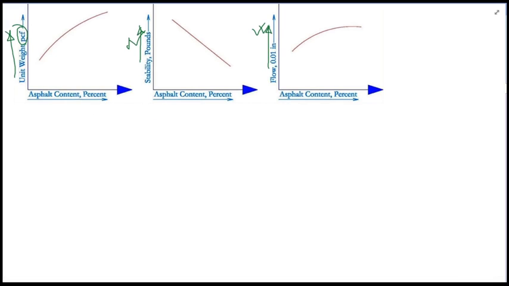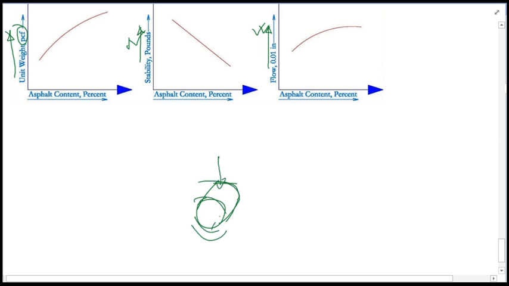What is flow? The cylindrical specimen is placed into the compaction equipment, and then we apply load upon it from the Marshall mix design apparatus, the loading machine.